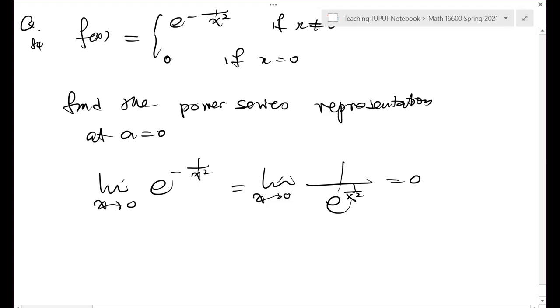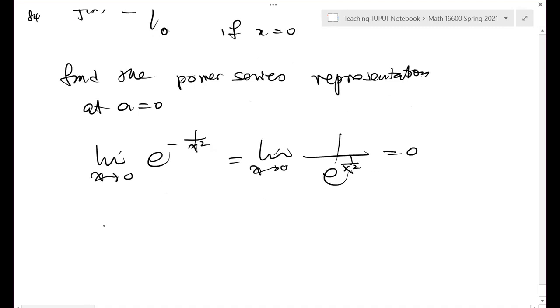What we're trying to do is find all the derivatives. Let's take a look at the derivative at a equals 0. I have nowhere to go. You just have to use the definition to find the derivative.